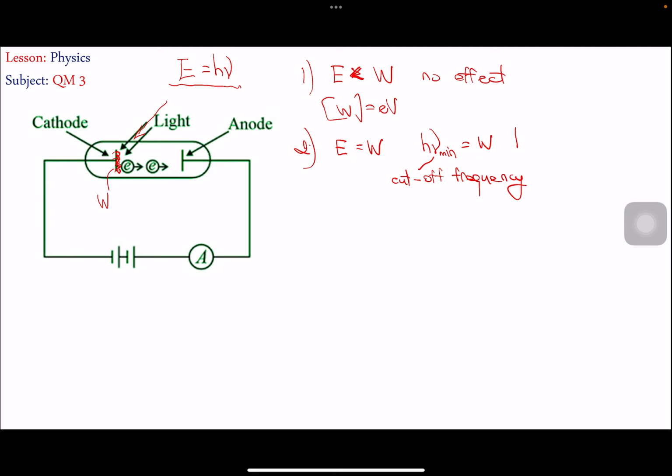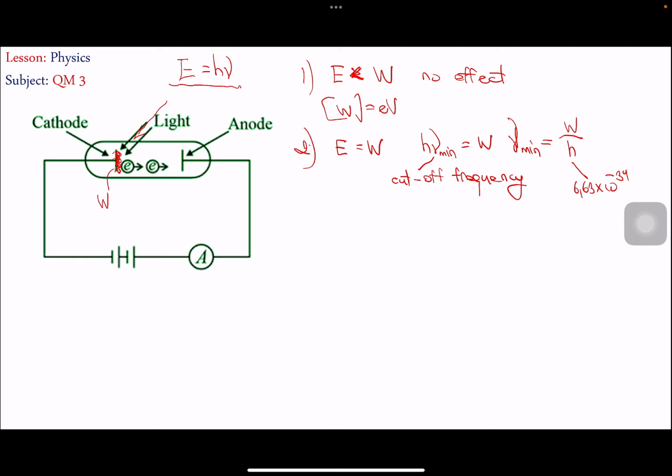So it's easy to find the nu minimum, the smallest value of the frequency that will be needed to release the electrons from the surface of the metal. So I can write it as W over h, where h is Planck's constant that equals 6.63 times 10 to the power of minus 34.